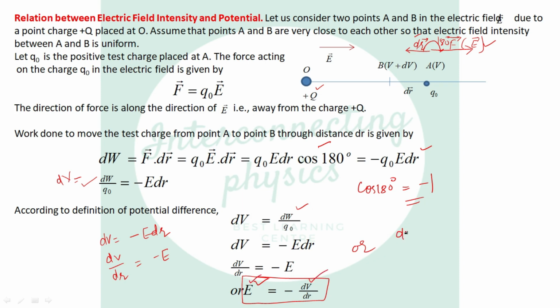And this dV upon dr is called the potential gradient. What does gradient mean? Suppose we have pressure: the change in pressure divided by the change in distance, then we call it the pressure gradient.